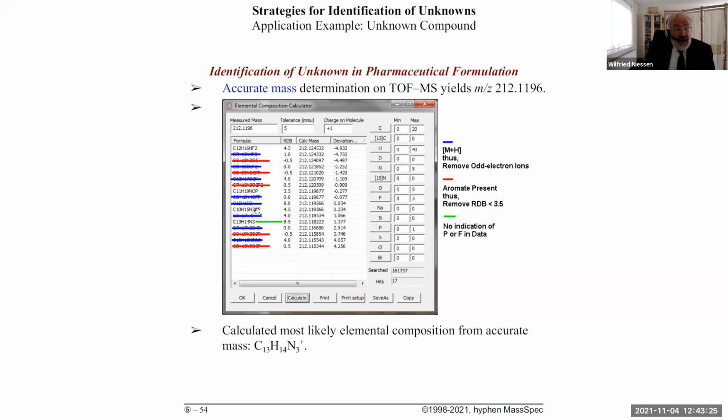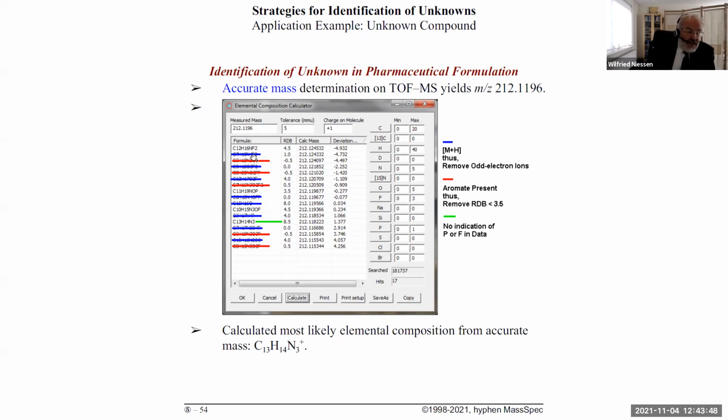And then I get the C13, H14, and 3, which I basically calculated from the interpretation of my MSMS spectrum. But I also have 3 more possibilities. That is one with fluorine, one with phosphor, and one with 2 fluorines.